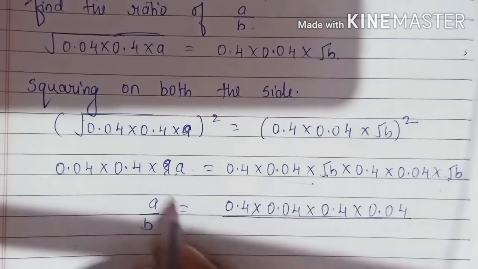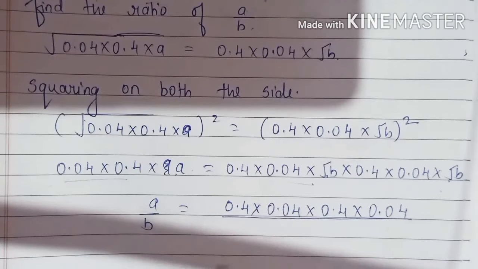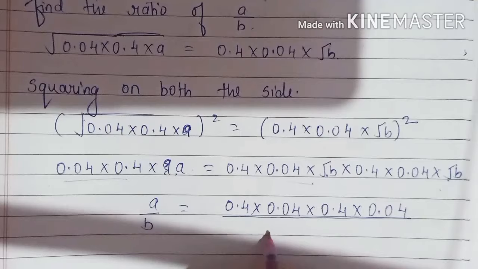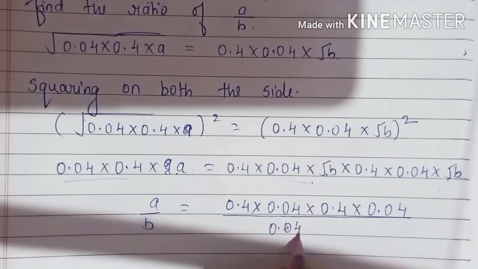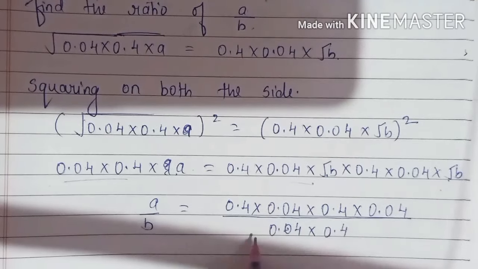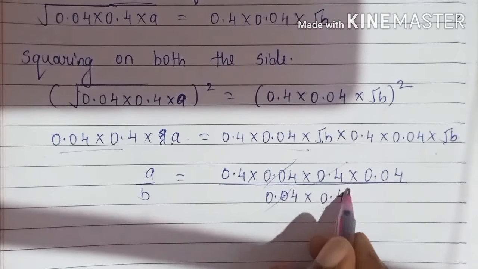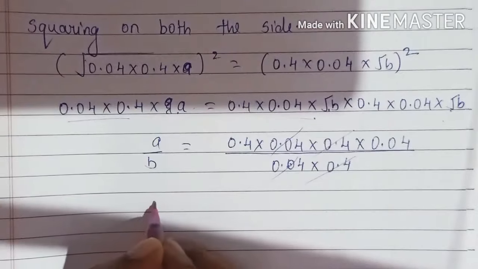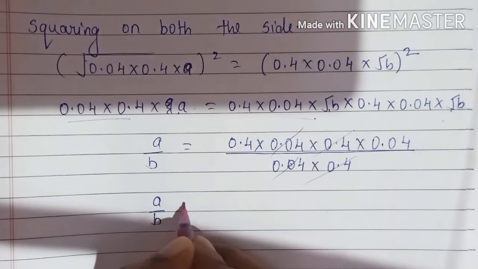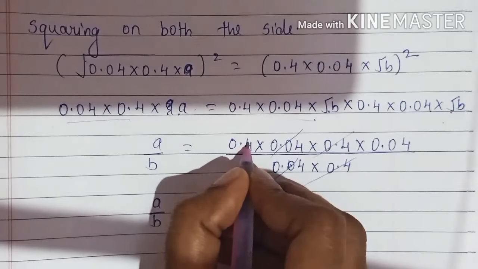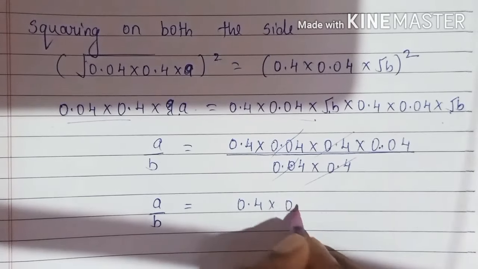After copying this, you have to take all the numbers on the right hand side. This multiplication will become division. So this will be 0.04 multiplied by 0.4. This 0.04 will get cancelled, 0.4 and 0.4 will get cancelled. So what is left? A upon B is equal to 0.4 multiplied by 0.04.